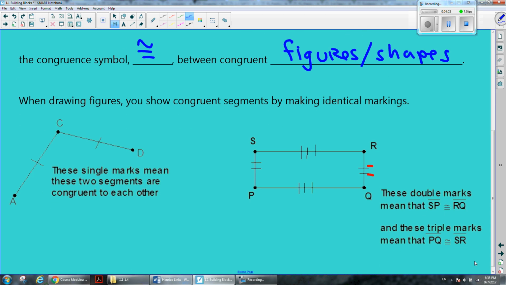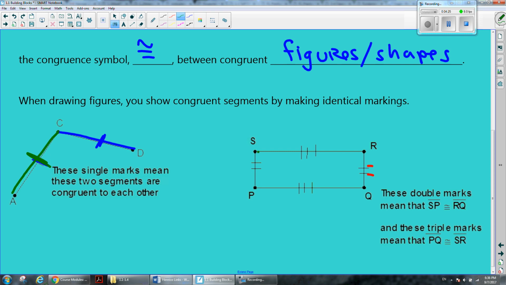When drawing figures, you show congruent segments by making identical markings. So this segment here with a single tick mark or a single dash mark means that segment CD with one tick mark on it is congruent to segment CA since it has one tick mark on it.